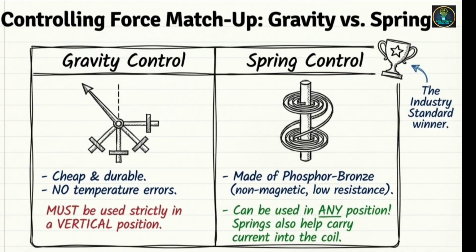Spring control: the figure shows the constructional arrangement of spring control. The spring is made of phosphor bronze, low magnetic and low resistance.